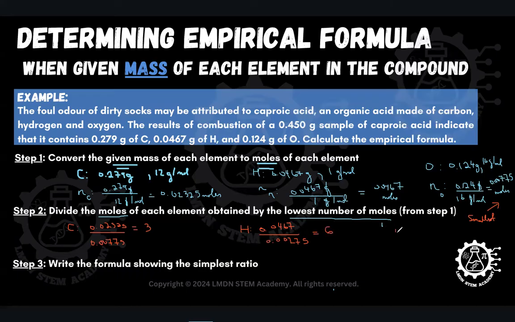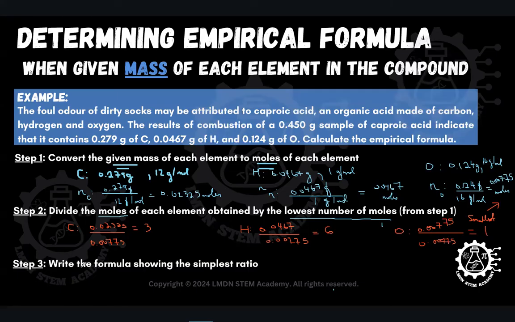And for oxygen, because oxygen had the lowest number of moles, 0.00775, we are dividing that by itself, so we're just going to get 1 in this instance. So now we have the lowest whole number ratios here. It's 3 to 6 to 1.